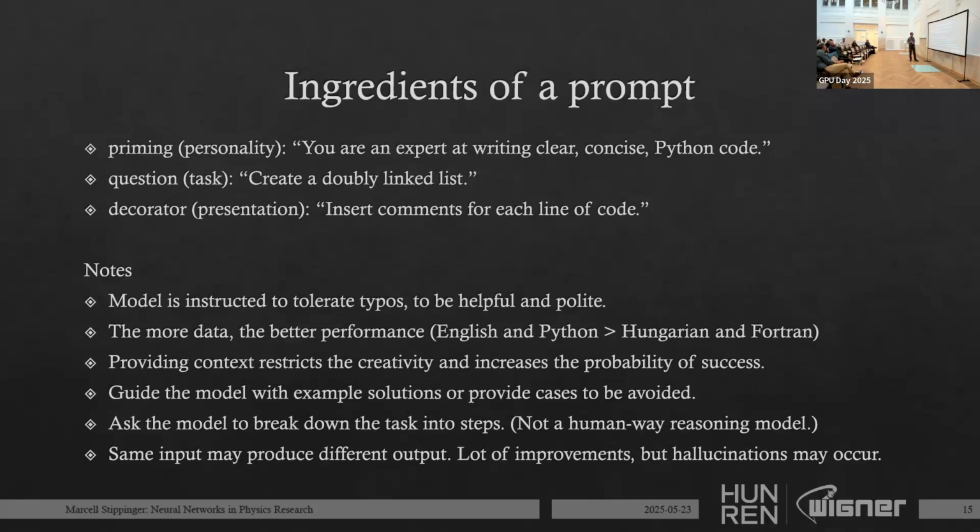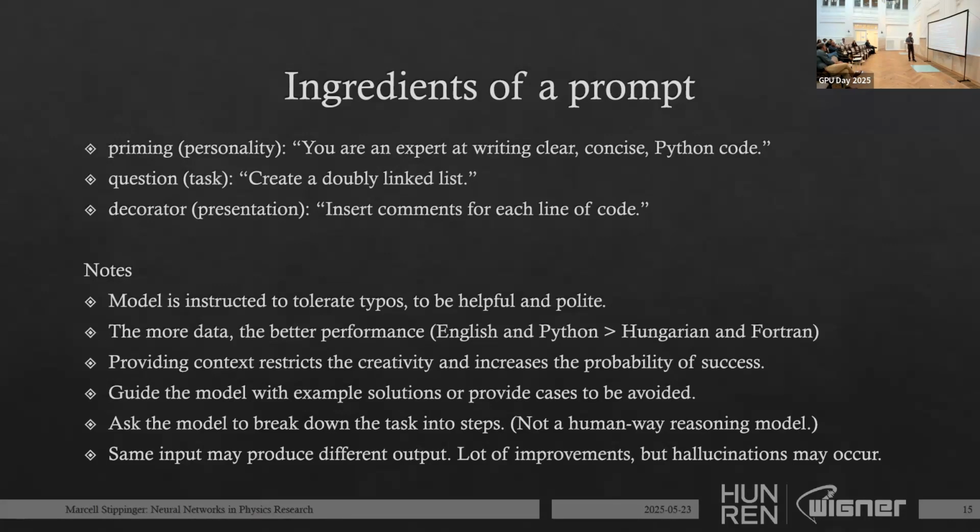If you ask a question in English concerning Python programming, then you get better results than asking Fortran questions in Hungarian. Okay, if you provide context, then you restrict the creativity, or the temperature, or the randomness of these models to focus on the task you want to solve.